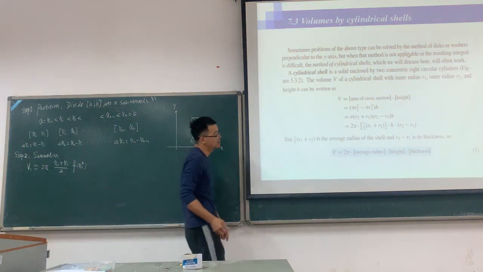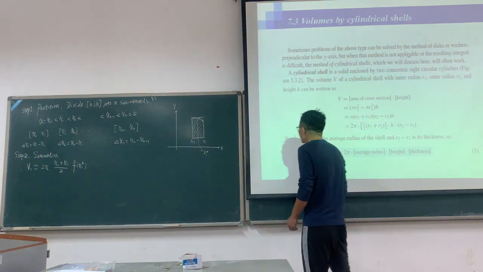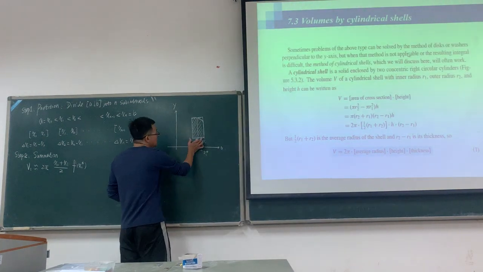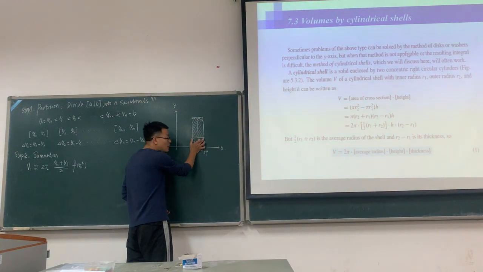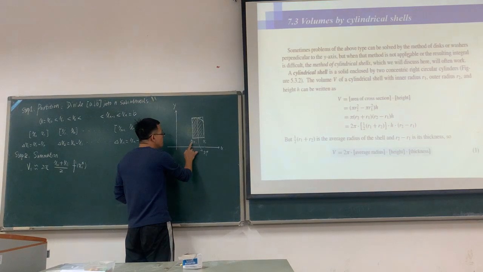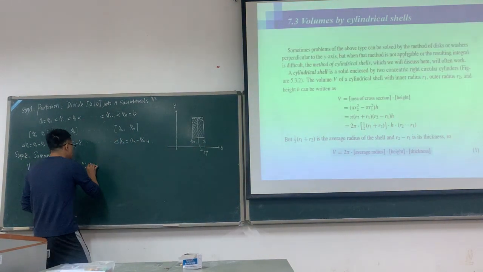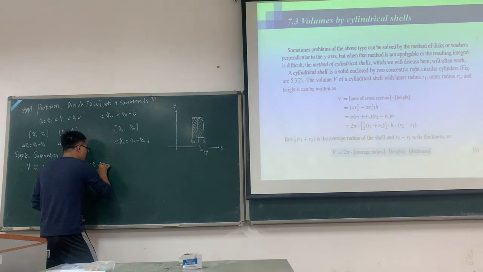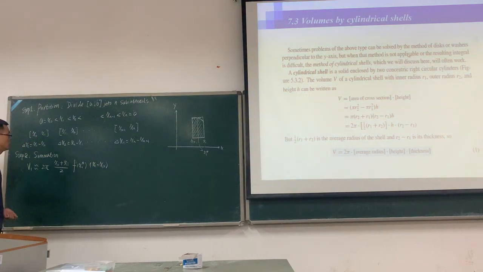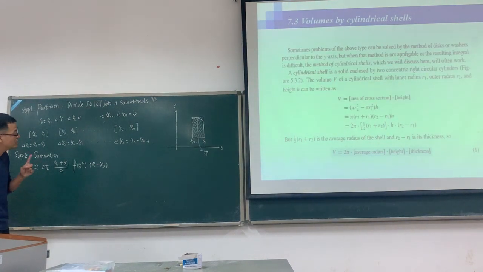What's the thickness? It is this length, x1 minus x0, which is delta x1.